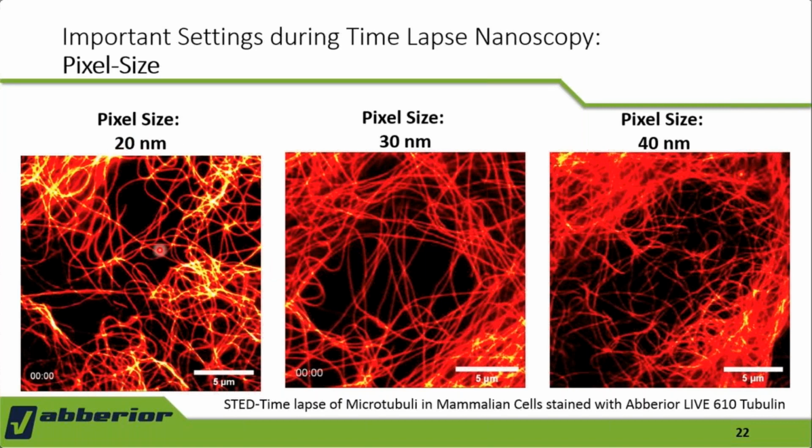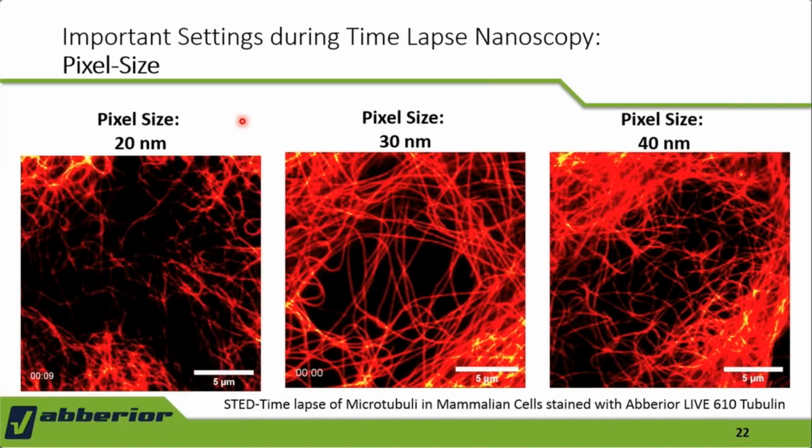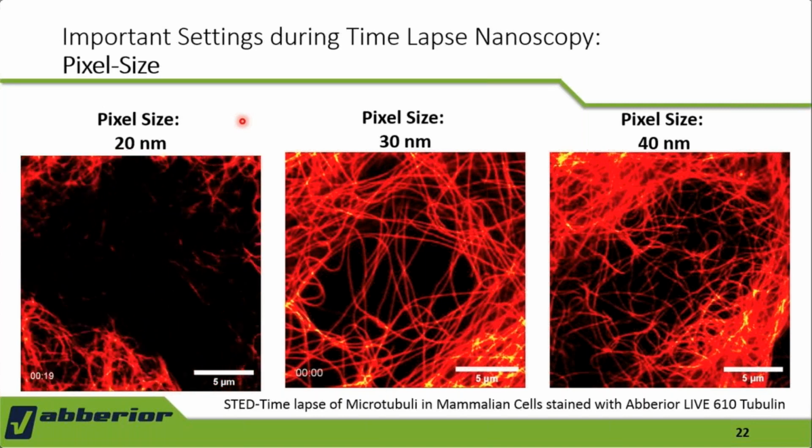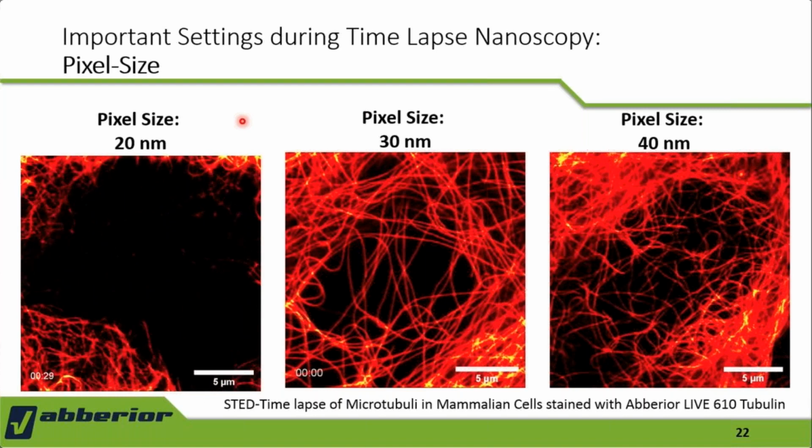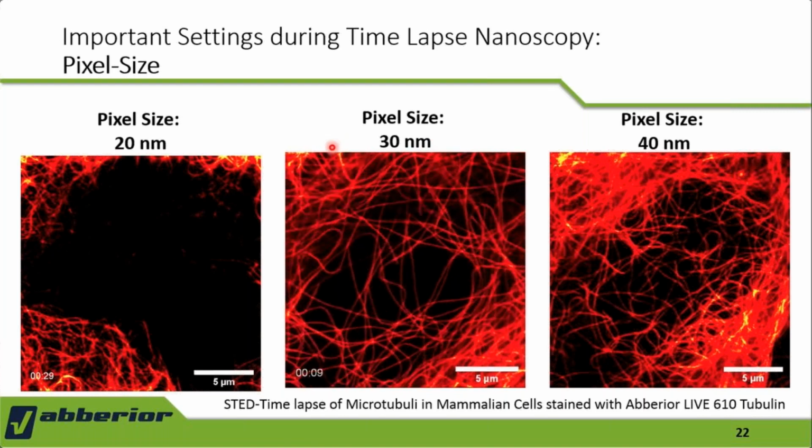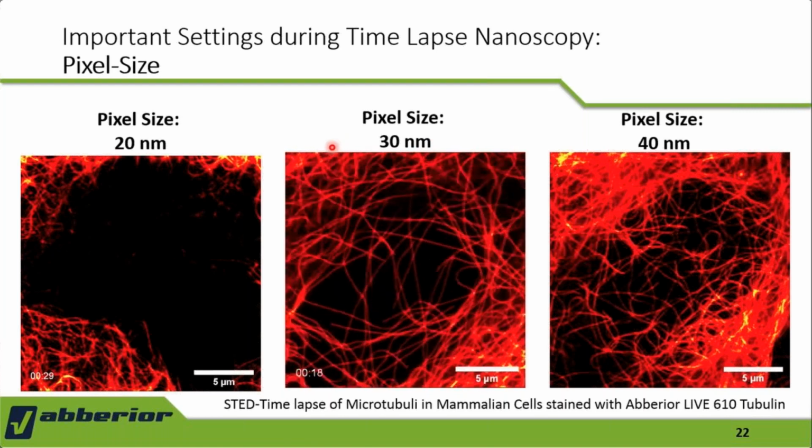With 20 nanometer, you see a very, very good quality of your image. But what will happen when we scan 30 times over the same region of interest? Then we see bleaching, we see that our structures are getting destroyed, and we also see that the cells are dying. Now, if we use the same setting with 30 nanometer pixel size, then we can observe the cell much more nicely in the same time period.